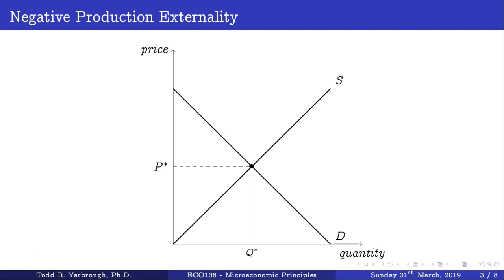Now, if you'll recall, we referred to what is created with respect to a negative externality as marginal external damage. What we'll refer to it here is just marginal damage. So let's imagine that this is created on the supply side. What we mean is that the producer or producers in this market are where the externality or where the damage is coming from.